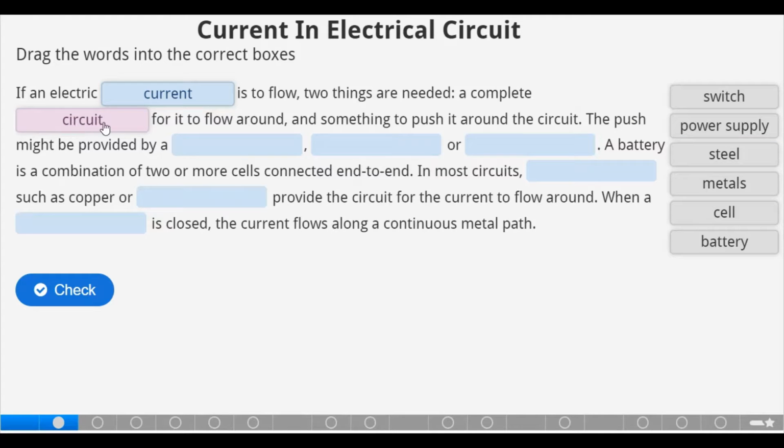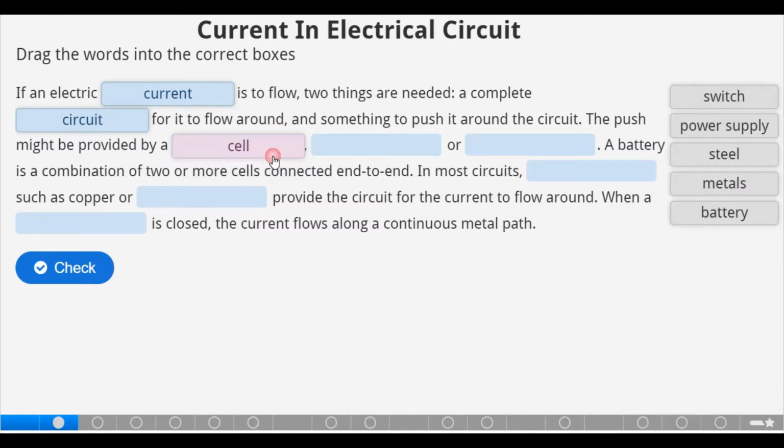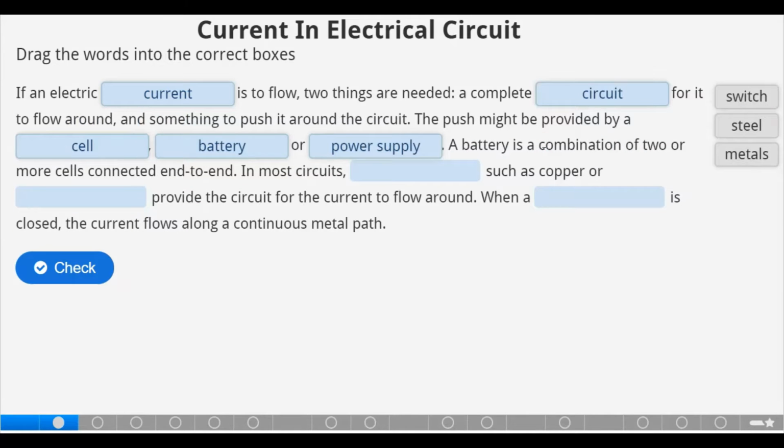The push might be provided by a cell, battery, or power supply. A battery is a combination of two or more cells connected end to end.